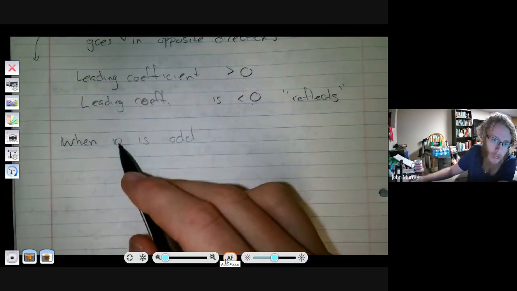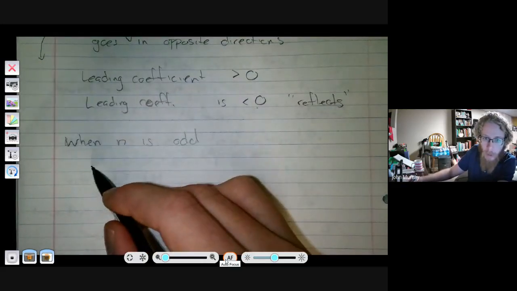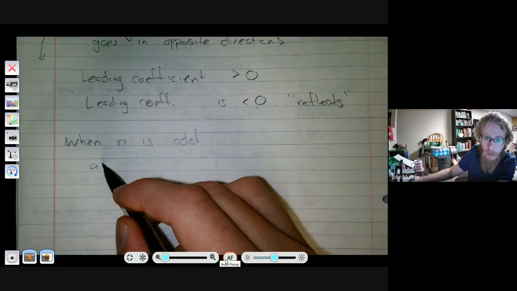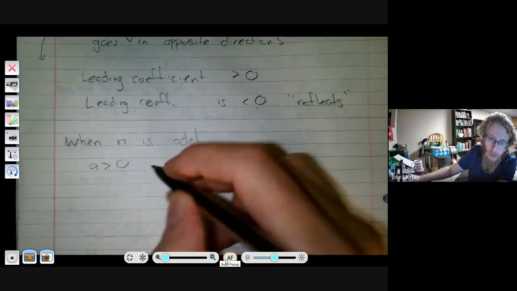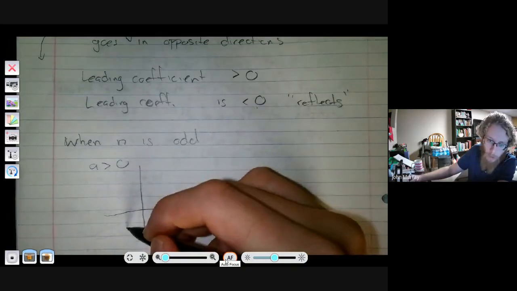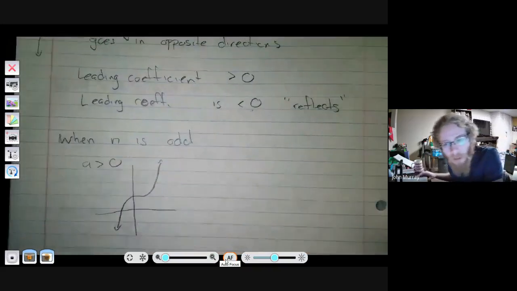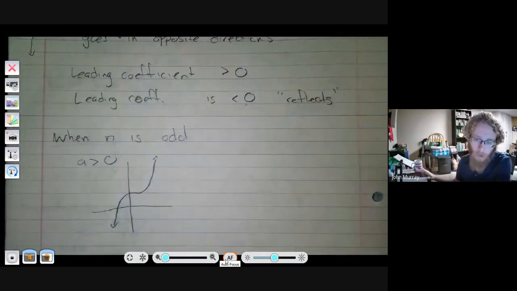Okay, so when n is odd, our first one is going to be the leading coefficient is greater than 0. Okay, this is our normal situation. So this is how we write it. So this part is going to be new.